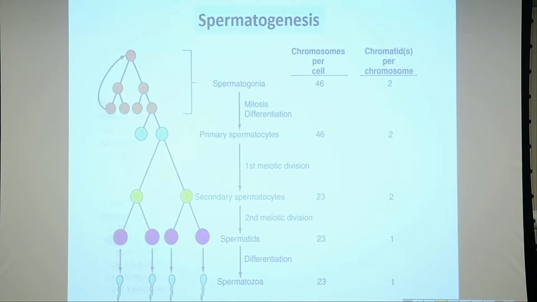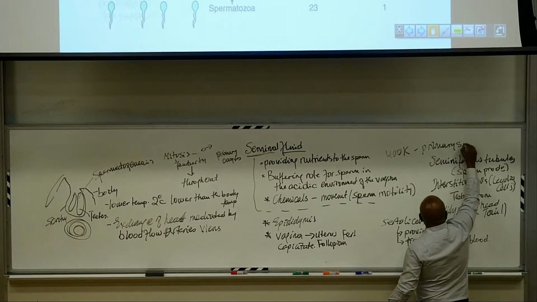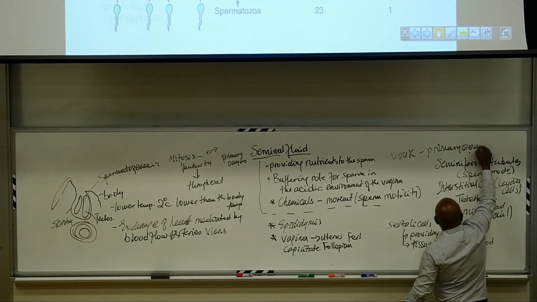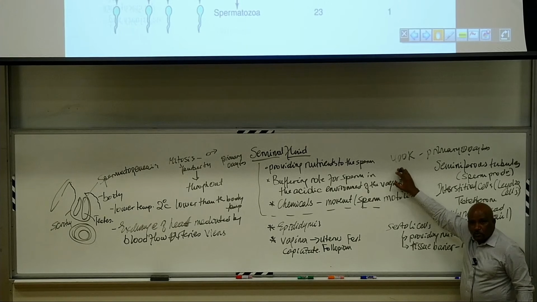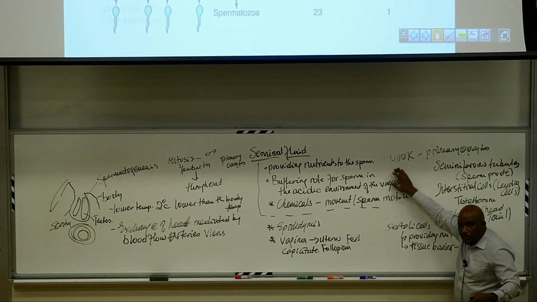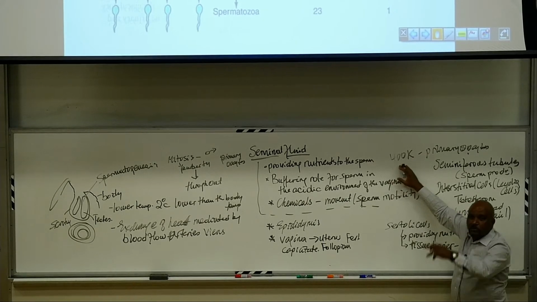However, in the female, we say that around 400,000 primary oocytes are present at the time of birth, and that is the reserve which a female has to be utilized when the female is at the age of puberty through its menstrual cycle.